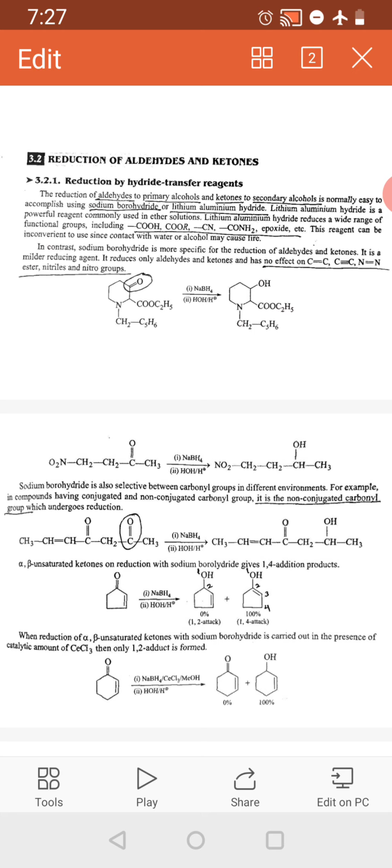It is a milder reducing agent, and it reduces only aldehyde and ketones, and it has no effect on other functional groups. So when we want to reduce aldehydes and ketones and some other groups are also present in the compound, then instead of lithium aluminum hydride we use sodium borohydride.